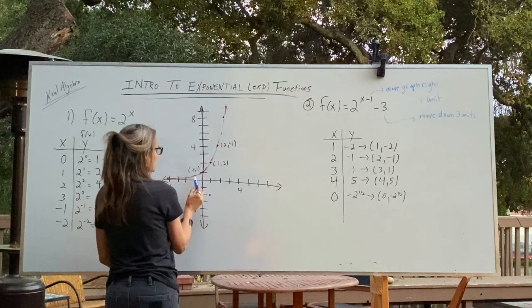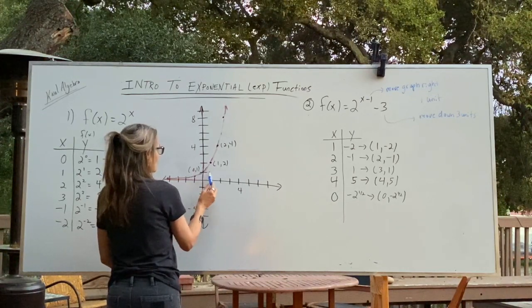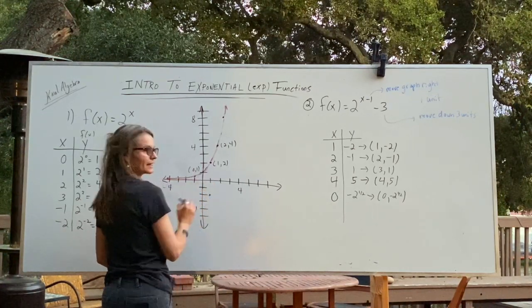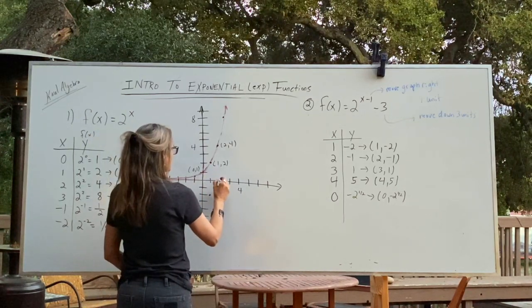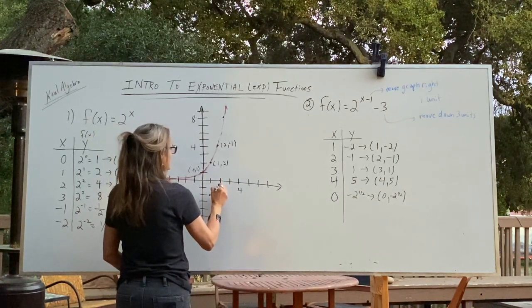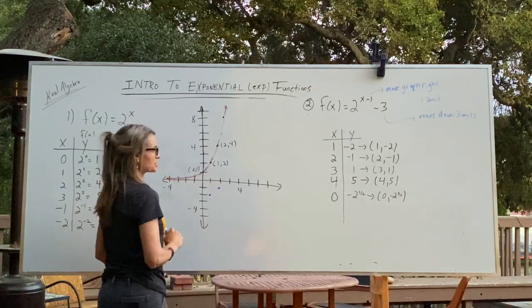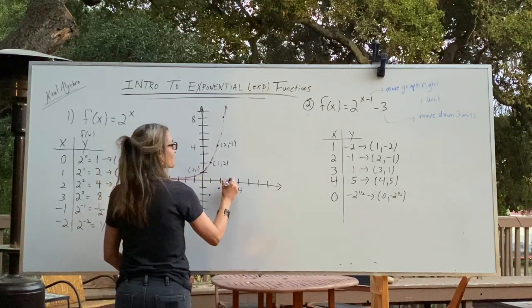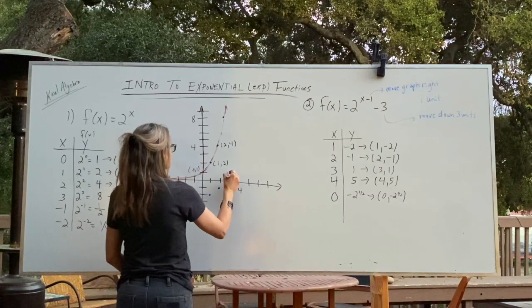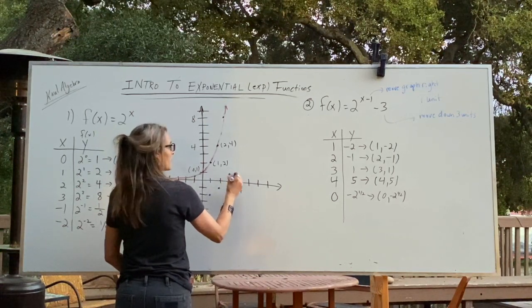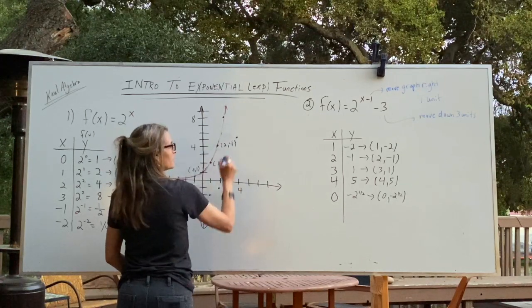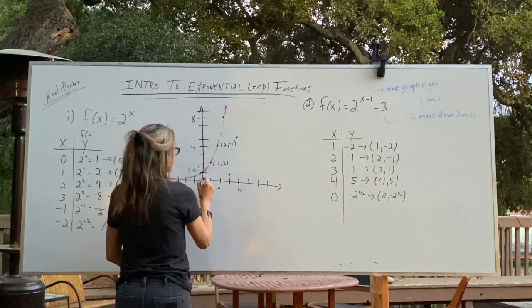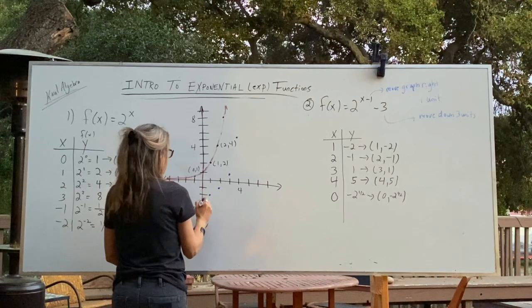So that's this point moved over 1 and down 3 units. That works. And then I have 2, negative 1. That's this point shifted. And then I have 3, 1. And then I have 4, 5. And then I have 0 and negative 2 1/2.